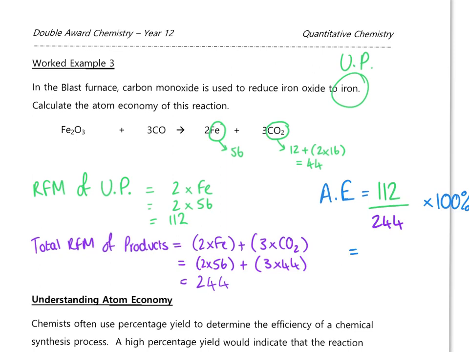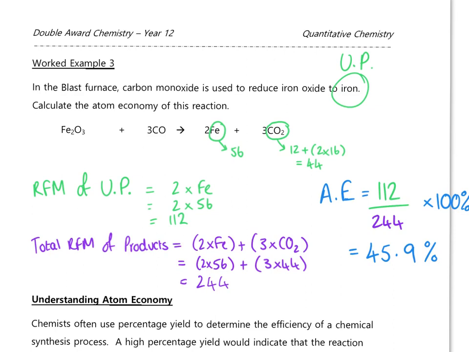Say that again? Yeah, absolutely. If they don't state how many decimal places to do it to, I would go for 1 decimal place, or that idea of 3 significant figures, whatever you find easiest to get your head around. So it goes to 45.9.